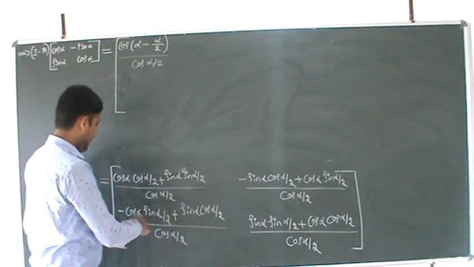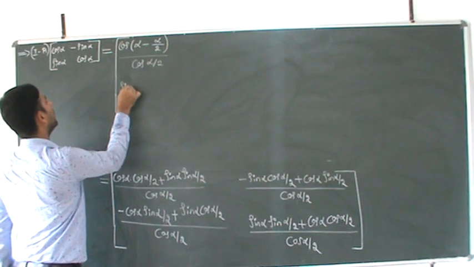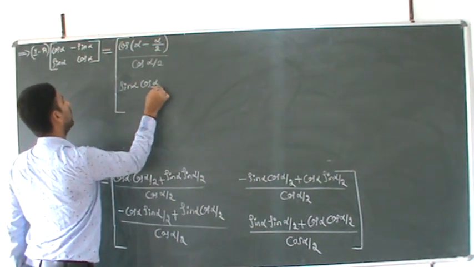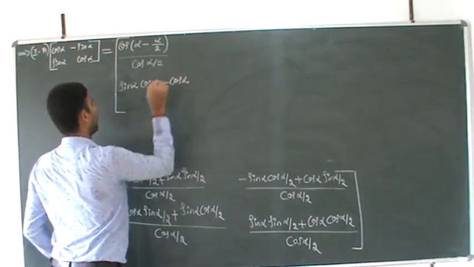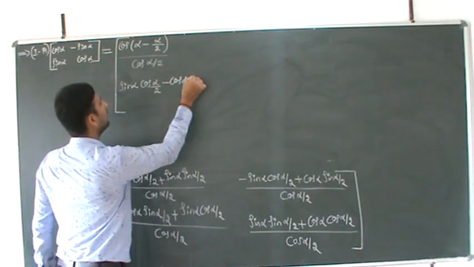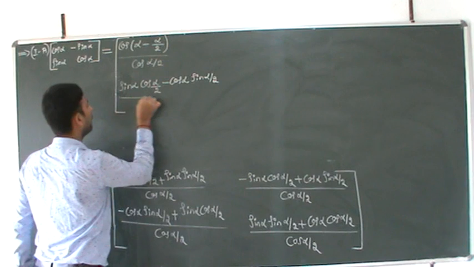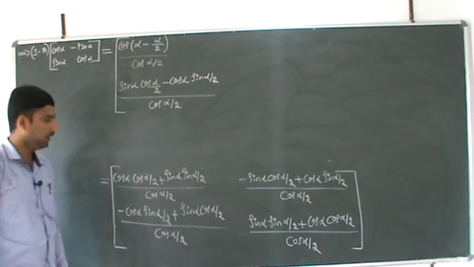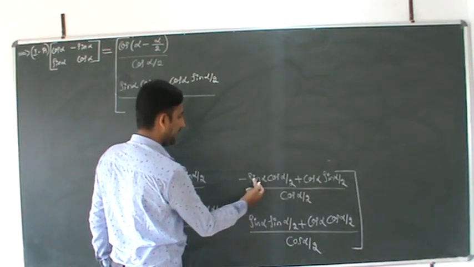Next, after that, you reshuffle the value: sin alpha cos alpha by 2 minus cos alpha sin alpha by 2. Once you reshuffle the value, whole divided by cos alpha by 2. Here you can take minus common.